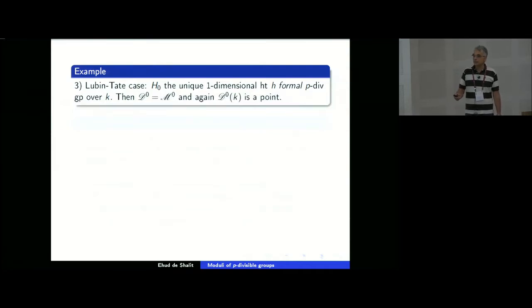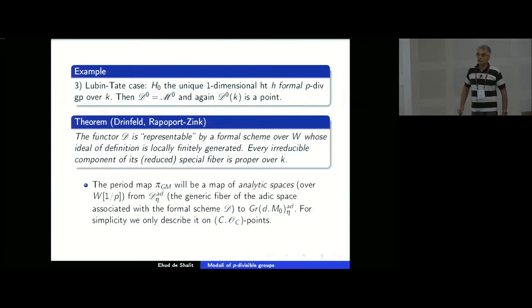So the main theorem of Rapoport and Zink, or previously in some cases proved by Grothendieck-Messing, is that this functor is representable. I put it in quotation marks because the test objects came from this category Nilp_W, and the representing object is a formal scheme. It's only an ind-object in some sense, so it doesn't strictly lie in the category, but nevertheless it's representable by a formal scheme over W, whose ideal of definition is locally finitely generated.